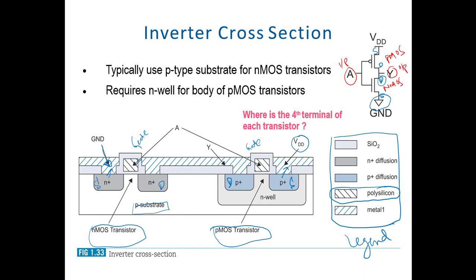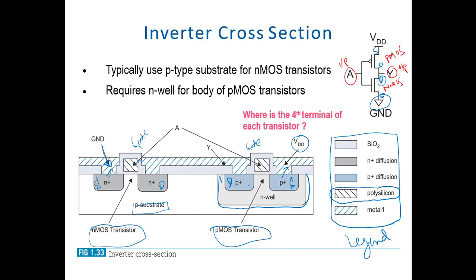So we have N plus diffusion, we have P plus diffusion, which are these, and we have this N well. So what is this N well? The N well is like a housing for the PMOS inside your P substrate, because PMOS and NMOS use different kinds of substrate.